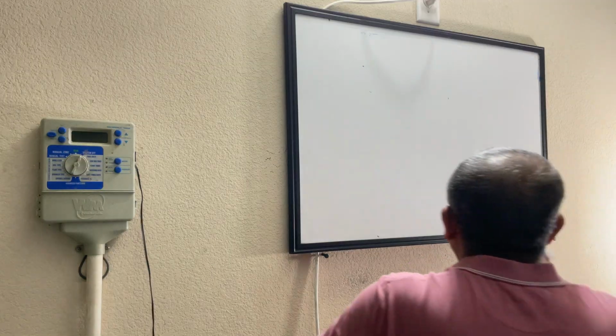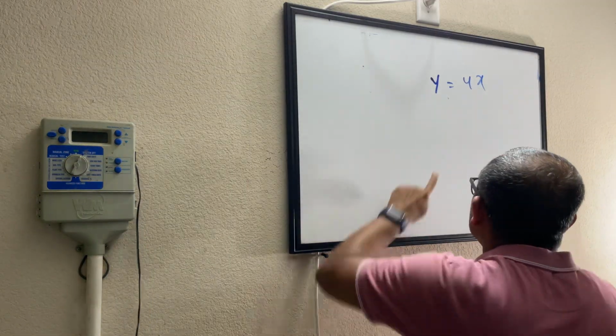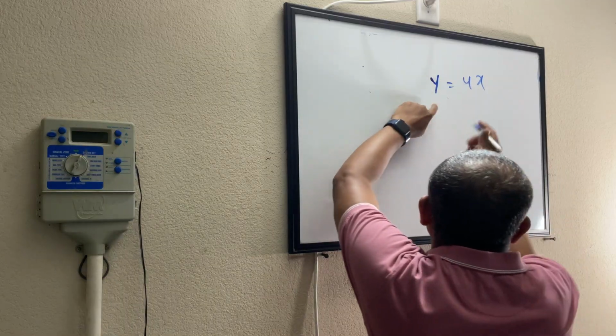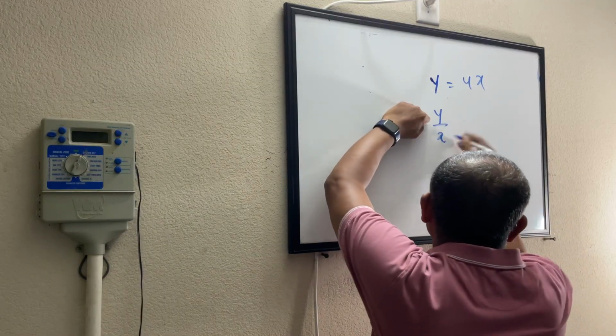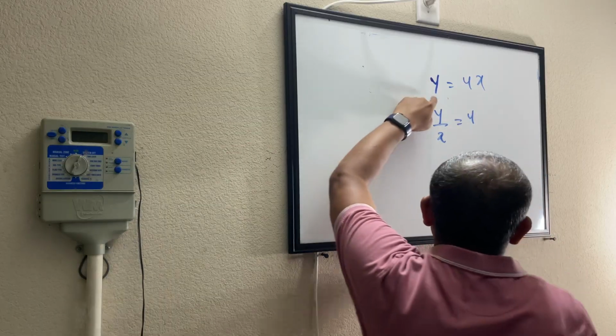Okay, so now we just briefly touched upon what is proportion, or the constant of proportionality. Meaning, as I said, y equal to, let's say, 4x. Here, the relationship between x and y is that y divided by x. Meaning, when I make this x cross the equal to sign, this becomes 4.